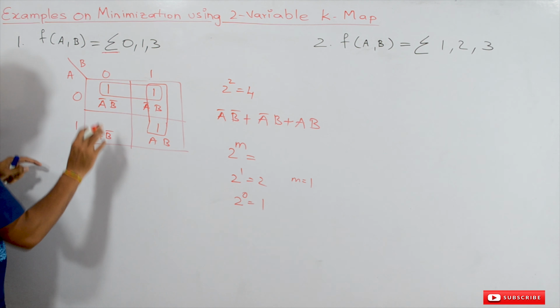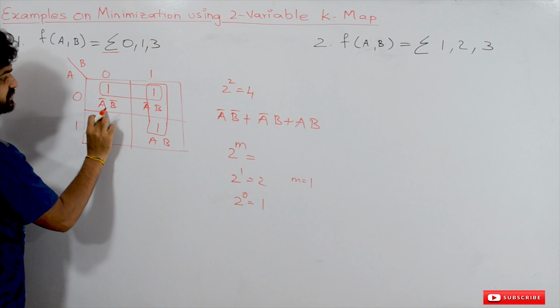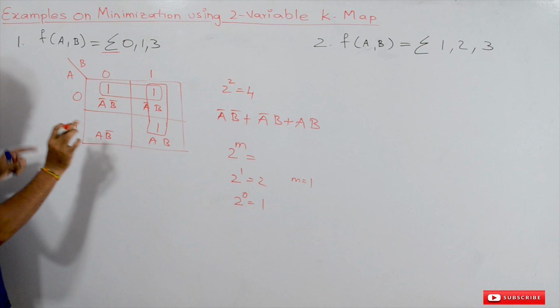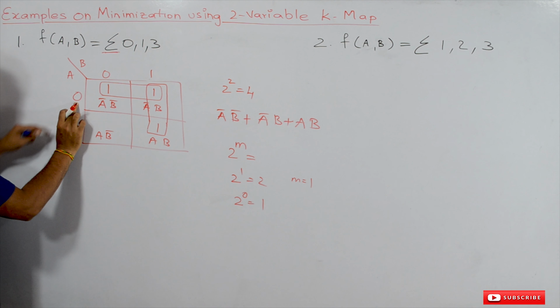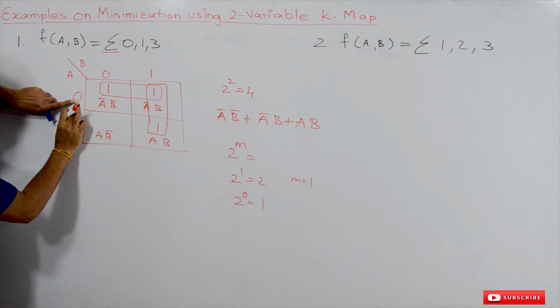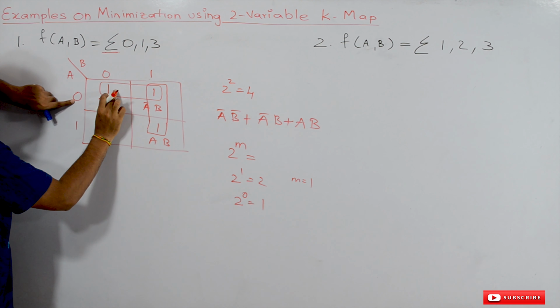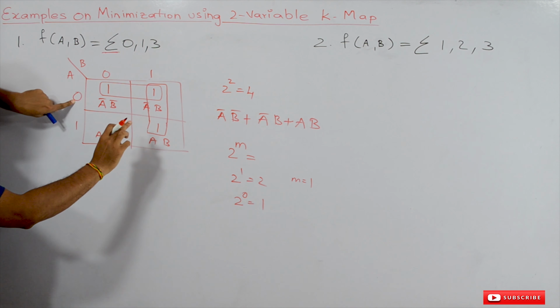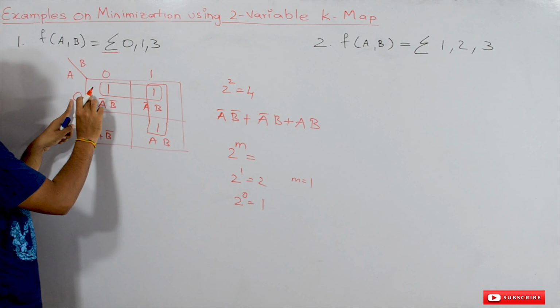So what that means is, first consider this subcube. If you consider this subcube, which has these two terms, we have to consider the variables with the same values. For example, if you take this variable, the value of a is the same for this entire subcube.